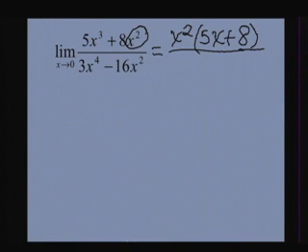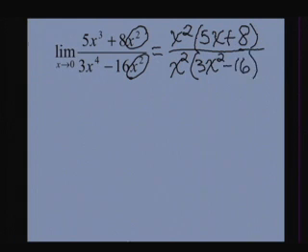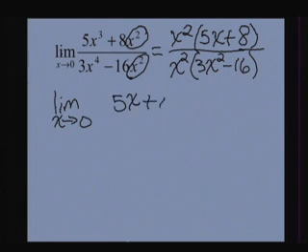And then on the bottom, I can also factor out an x squared, and that will leave me 3x squared minus 16. And then what I'm looking at is the limit as x goes to 0 of 5x plus 8 over 3x squared minus 16.